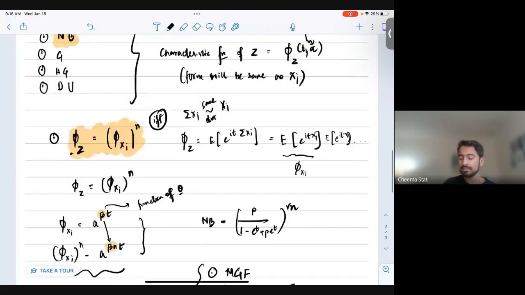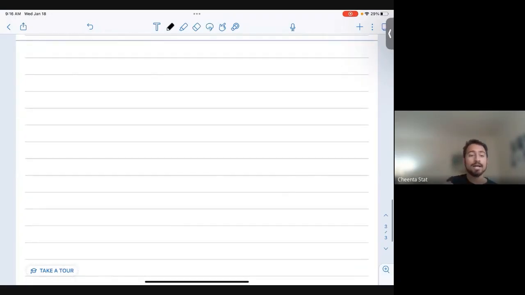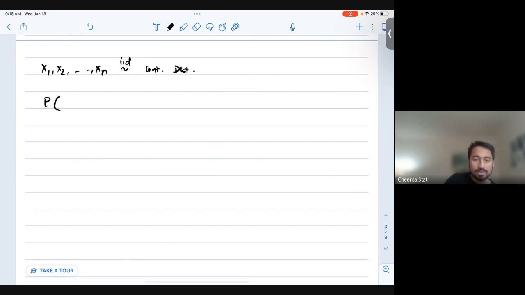Now let's go to the next problem. So X1, X2, ..., Xn are IID from some continuous distribution. I have to find the probability X1 > X2 > ... > X5.